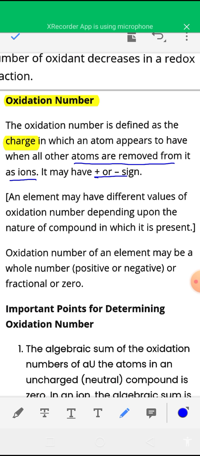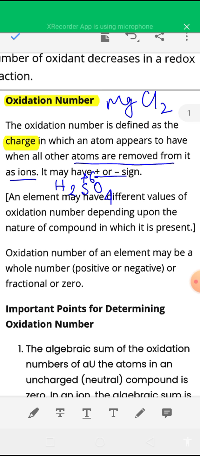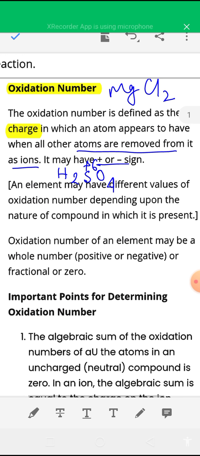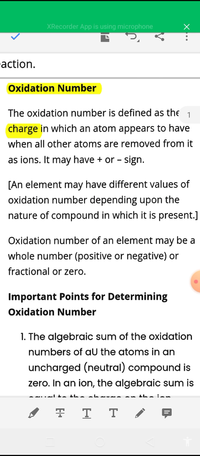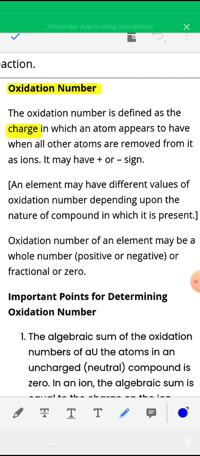For example, in MgCl2, the oxidation number of magnesium is +2. Okay, in H2SO4, the oxidation number of sulfur is +6. So an element has different values of oxidation number depending upon the nature of the compound in which it is present.